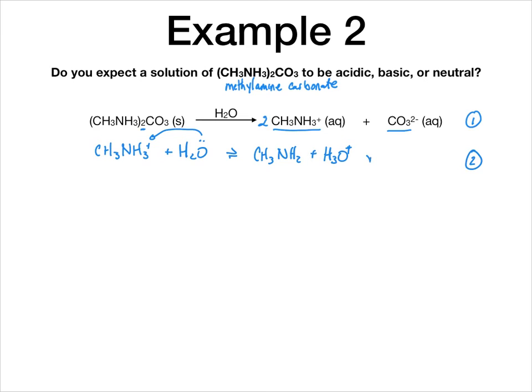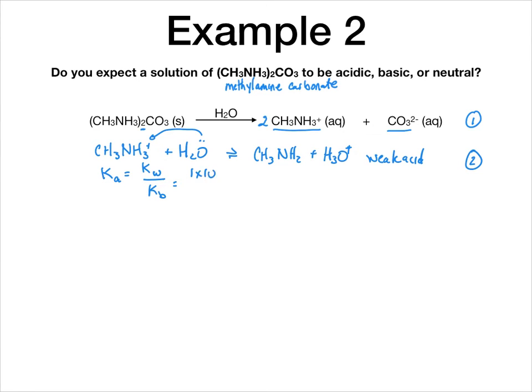This is a weak acid, which means that this reaction is described by a Ka, which we can find as the Kw divided by the Kb.